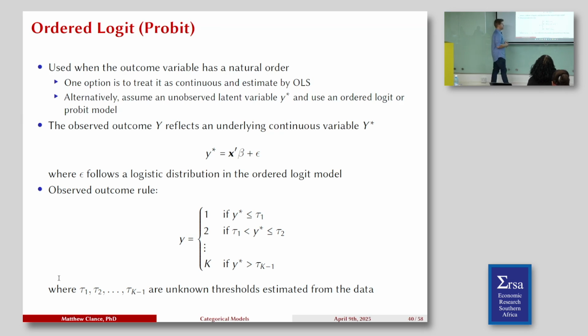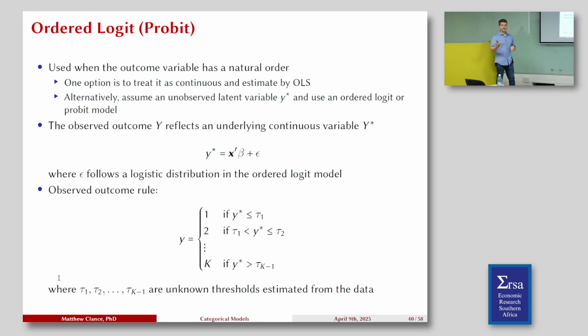Within a certain cut, if you want to call it that, we basically say the observed outcome rule is this. We view 1 if y star is less than some tau 1, or you could say some cut point.